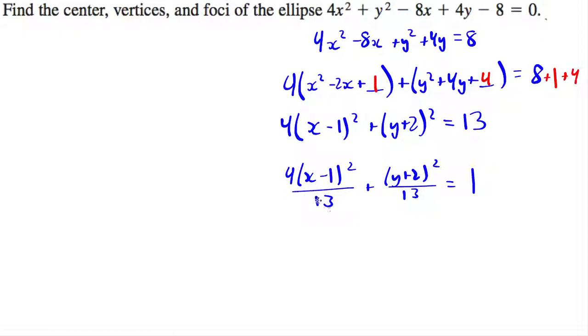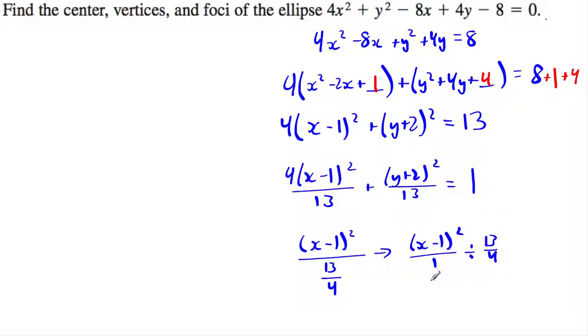So what we need to do is rewrite this so that it's just x minus 1 in the numerator. Well, we're going to have a fraction in a fraction here. So this is actually going to have to be 13 over 4, because if you think about that, this is really (x minus 1) squared divided by 13 over 4.